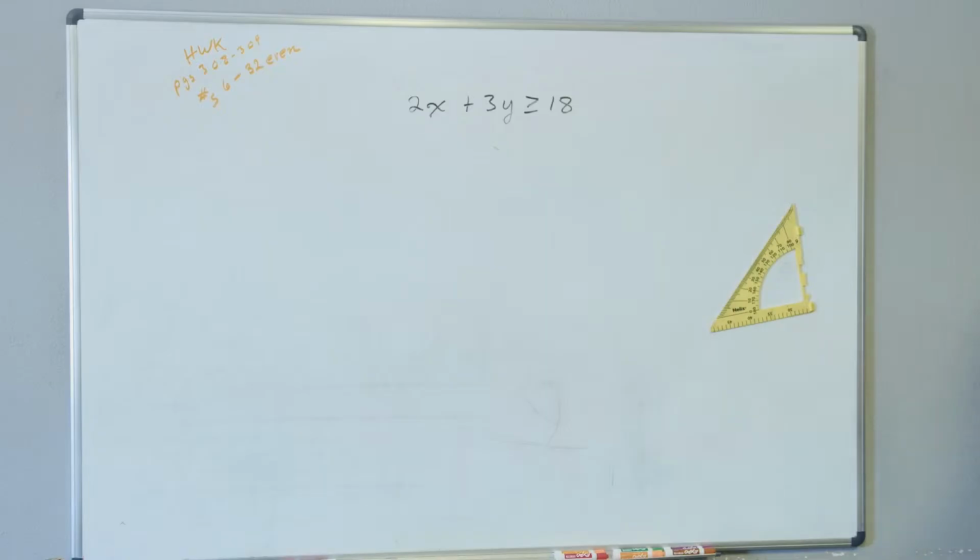Good. After that, we've got to get y by itself, same as the last one. So you've got to move that 2x over. How would you move it over?